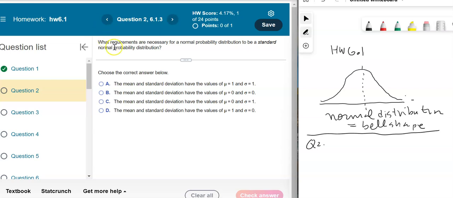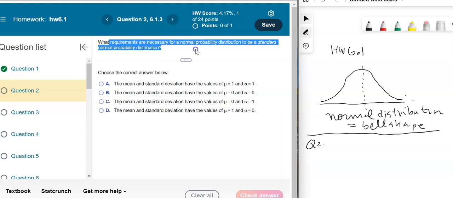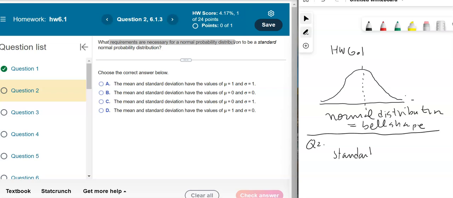Now, what requirements are necessary for my normal probability to be standard normal? Standard normal, if you put "standard" in front of a normal distribution, that means mu is 0, standard deviation equal to 1.